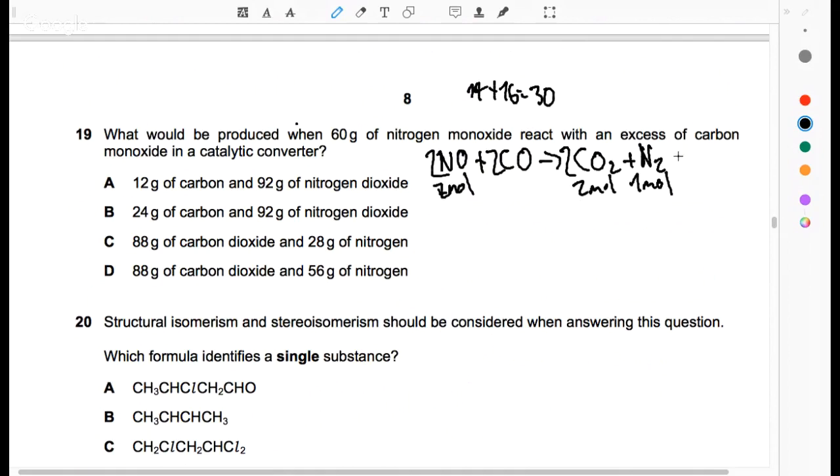And then times the molecular mass, which is 14 times 2, right? So 28.